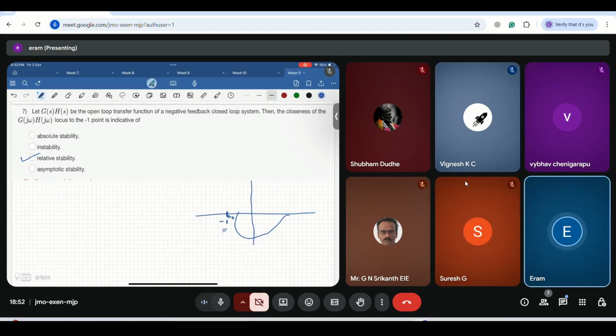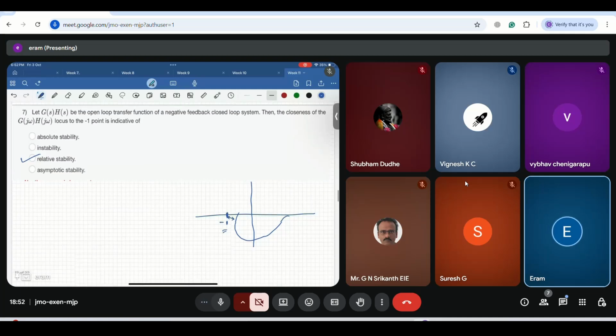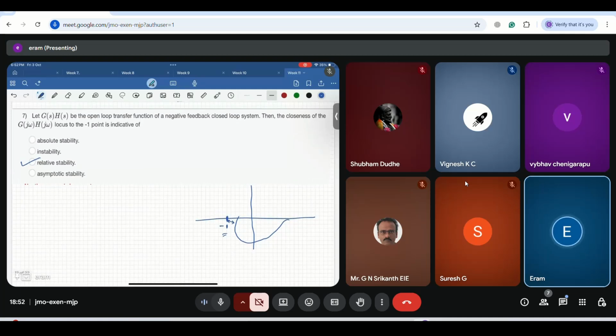And the farther away you are from minus 1 point, the less vulnerable you are to instability. So that's why we define relative stability with respect to closeness of the locus to minus 1 point, right? So this is how your relative stability is defined.